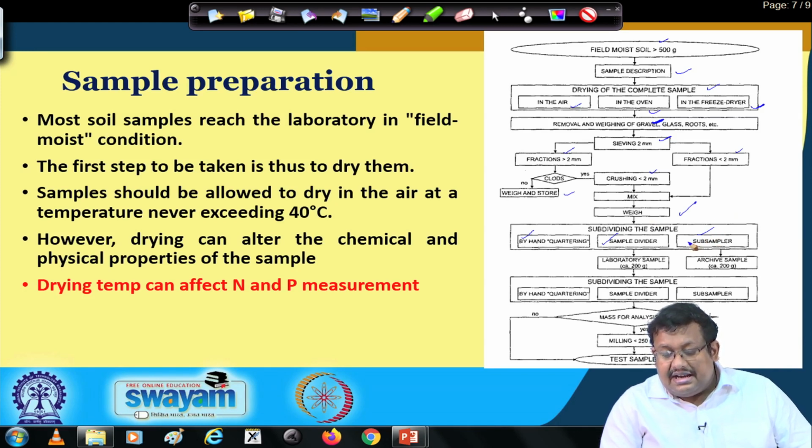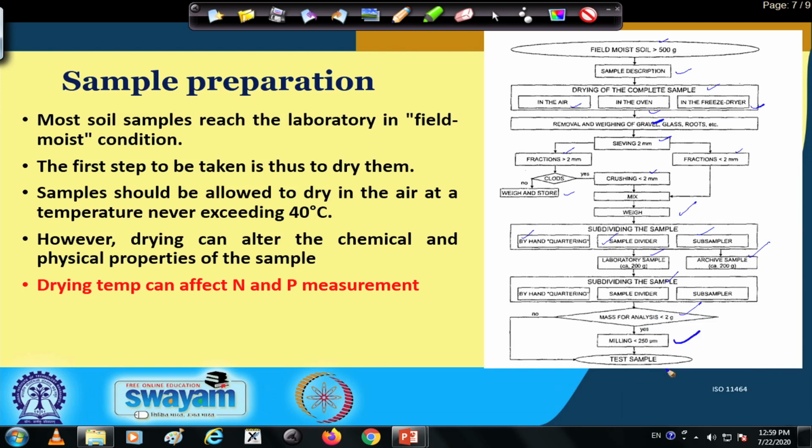This sample divider is used for laboratory samples of around 200 grams, and subsamplers are generally used for archiving the samples, and then the laboratory samples can be subdivided by hand quartering or by sample divider or by subsampler, and the mass for analysis is generally less than 2 gram, and then we can do further milling to less than 250 microns, which gives you the test samples.